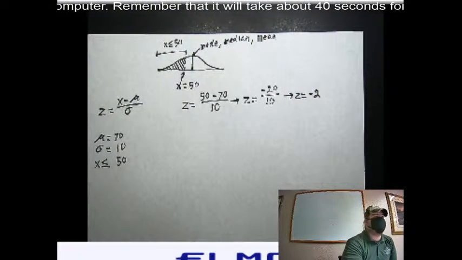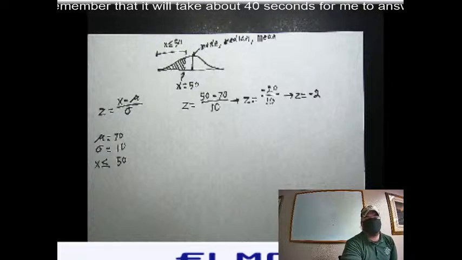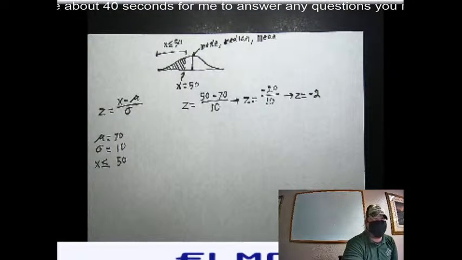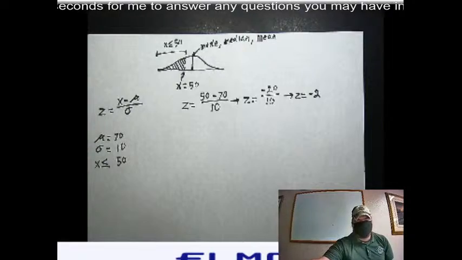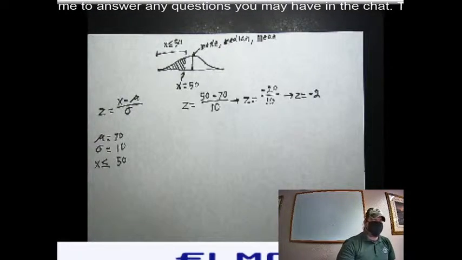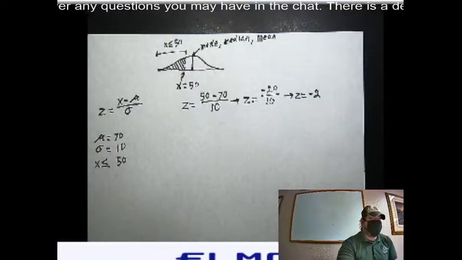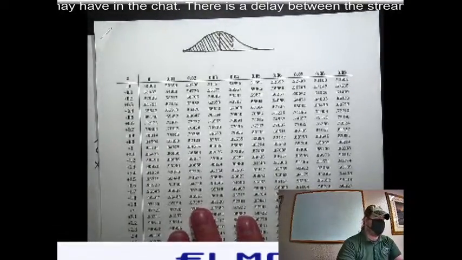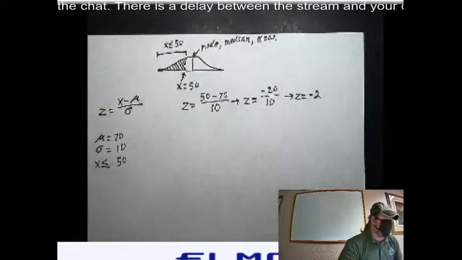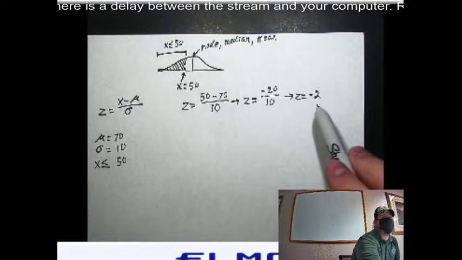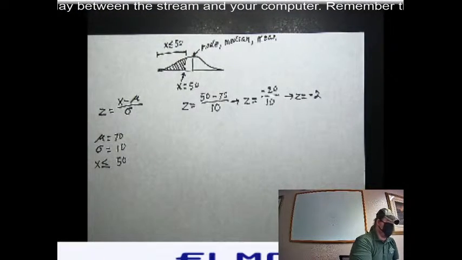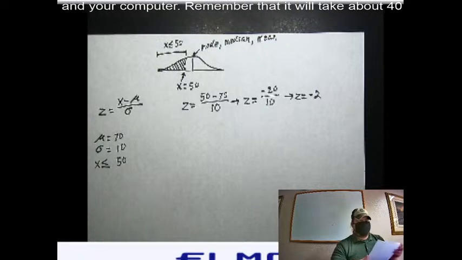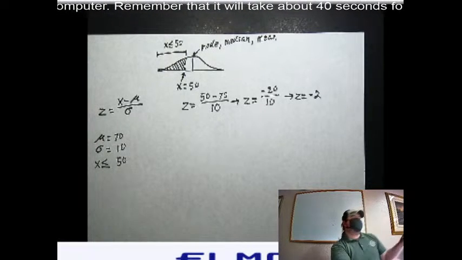Okay, so we have a z-score now, but the z-score is not our probability. The z-score is not what we're ultimately looking for. What we want is a probability, so we have to take this z-score and look up the probability on our z-table. So remember that this is a negative z-score, so we need our negative z-table. That's the second page. Let me make sure you get one.